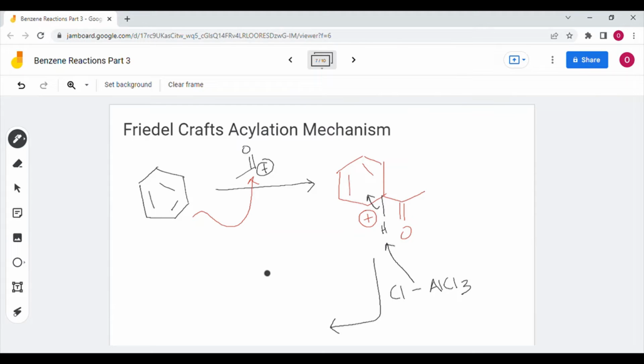So what ends up happening in the end is we now reform aromaticity like so. We have this molecule on the benzene, as well as resulting in HCl, as well as AlCl3. So this is the general mechanism for Friedel-Crafts acylation.